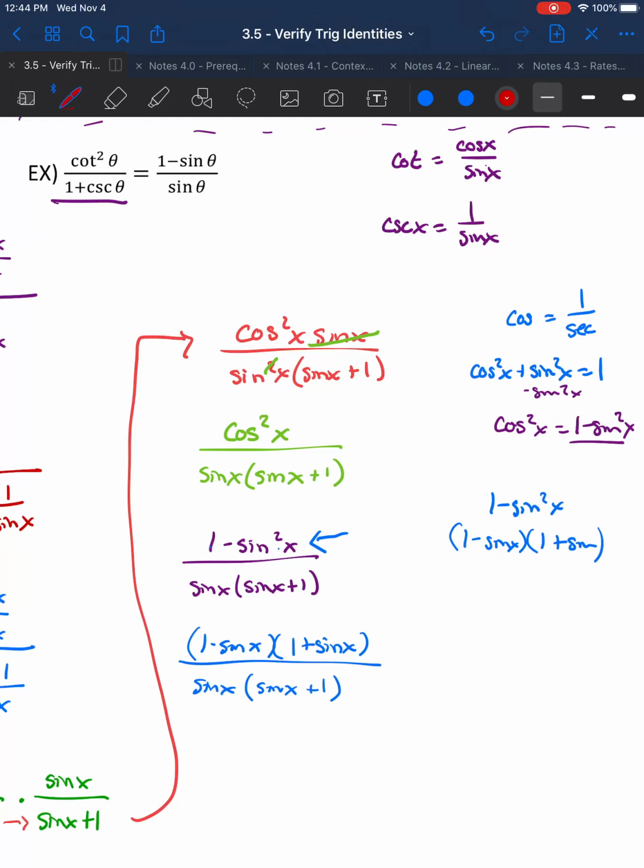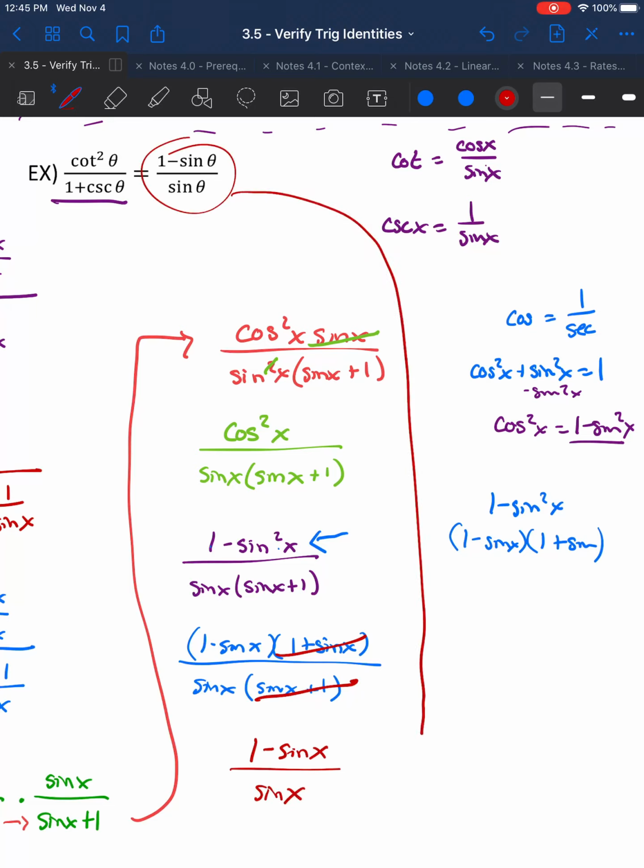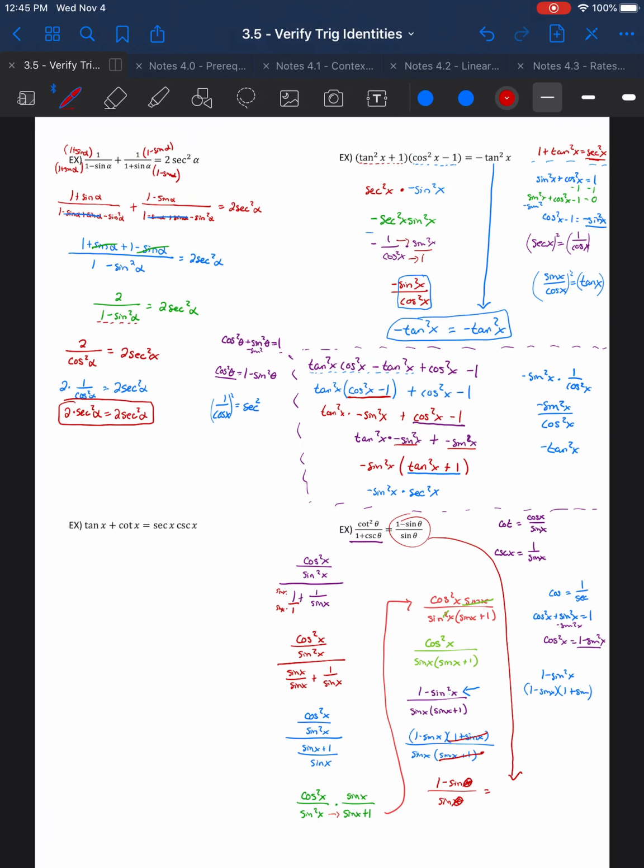And that's a great thing because now look, I have a 1 plus sine, and they match, so those would cancel, leaving me with 1 minus sine of x over sine of x, which is what I wanted. Or theta, I shouldn't have switched my variable, sorry.